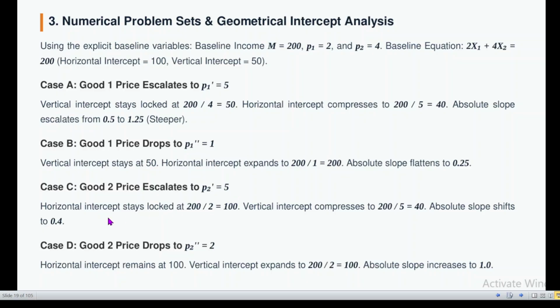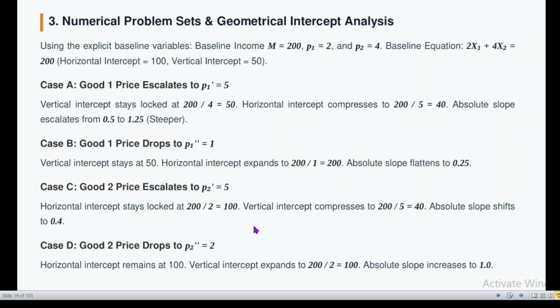The horizontal intercept stays the same, 200 divided by 2, which is equal to 100, but the vertical intercept compresses to 200 divided by 5, which is equal to 40. The absolute slope shifts to 0.4.